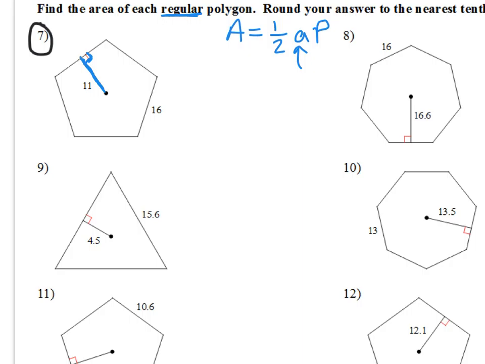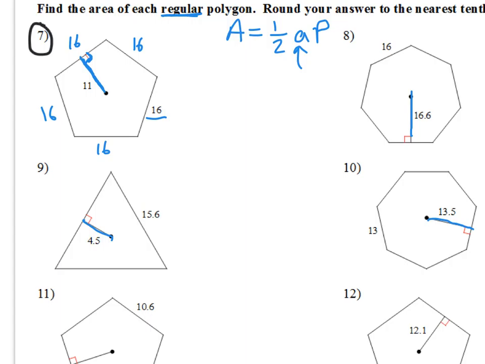And you can see that in all of these examples here. This is your apothem. Now, perimeter on a regular polygon, as long as you know one side, is pretty easy to find. If this side is 16 right here, then this one's 16, this one's 16, this one's 16, and this one's 16. So you just have to add all those together and you get your perimeter.